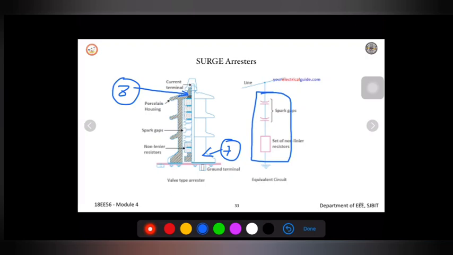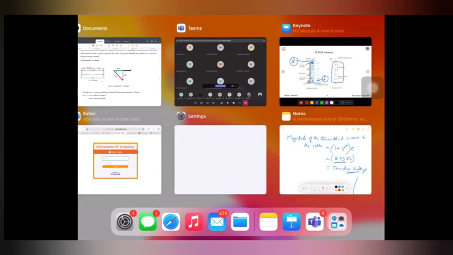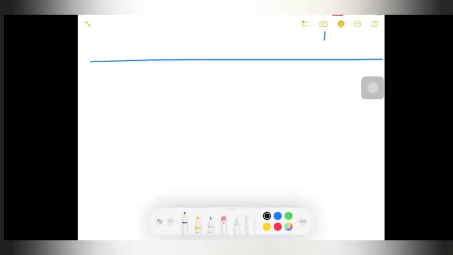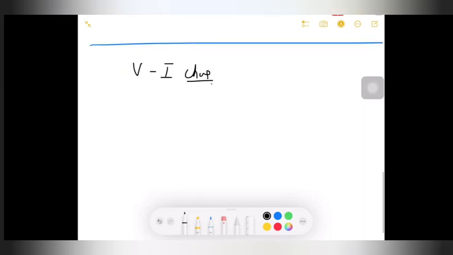In this we can write the voltage and current characteristics, because we want to know the characteristics of this arrestor, how it actually behaves. So I will try to write it here. This is the volt-ampere, voltage and current characteristics of a nonlinear resistor block, where on the x-axis we have the current, given as ID.